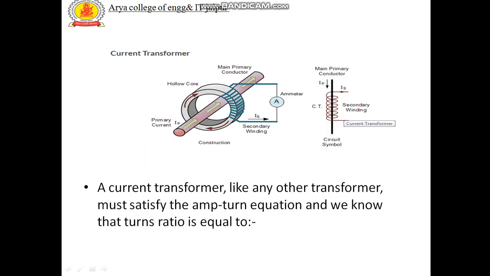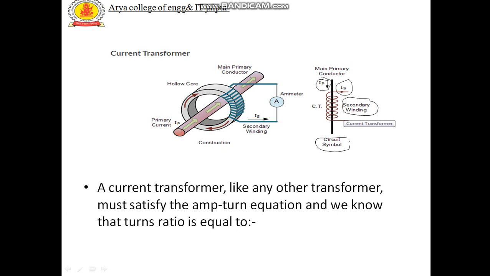Here is the simple connection and circuit symbol of a current transformer, where IP is the primary current and IS is the secondary current, which is connected to the secondary circuit or secondary winding. This is the basic circuit symbol of a current transformer.